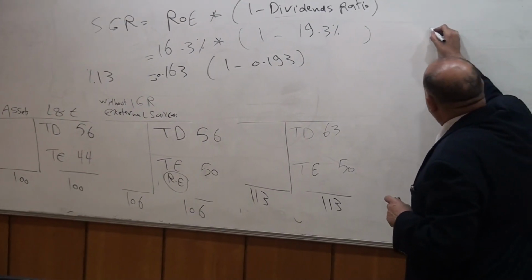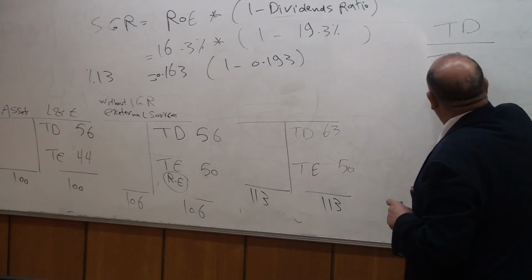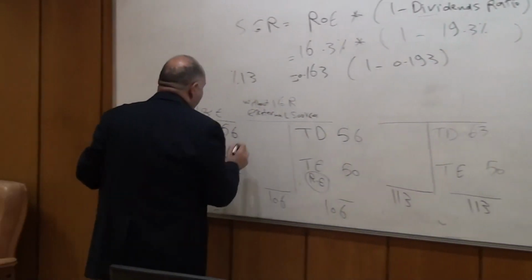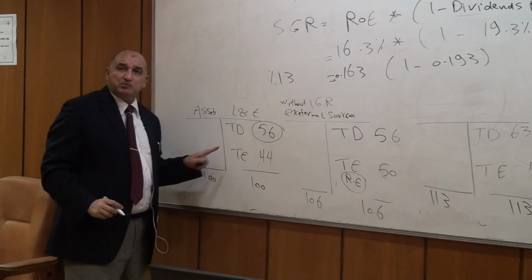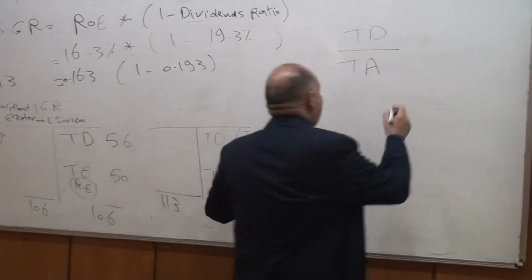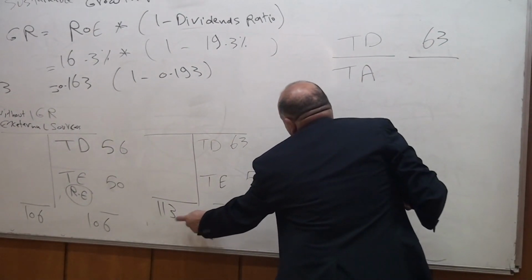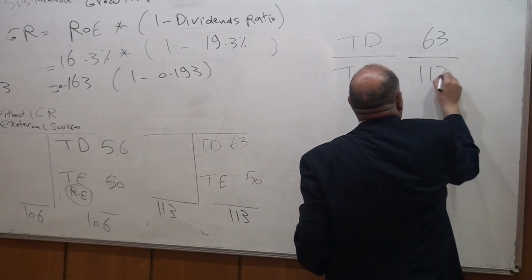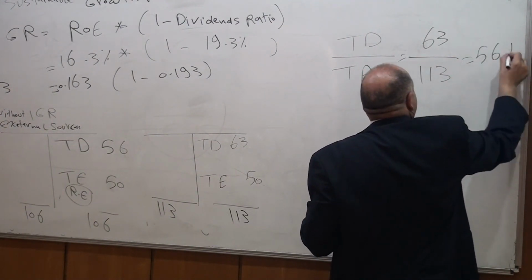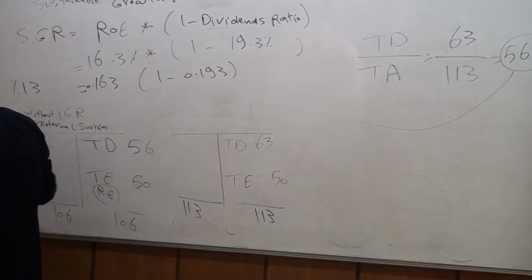So in this case, if I calculate total debt to total assets, it has to be 56% as it was before. If I take 63 divided by the new total assets, which is 113, without calculation it must be exactly 56% as it was before.